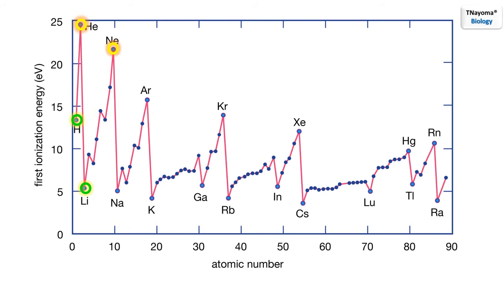Again, after neon, there is a sudden drop for sodium. The energy needed for sodium is less than for lithium. So down the group, the ionization energy is decreasing. Again it increases from left to right, and argon is stable but not as high in energy as neon, because it is further down the group.